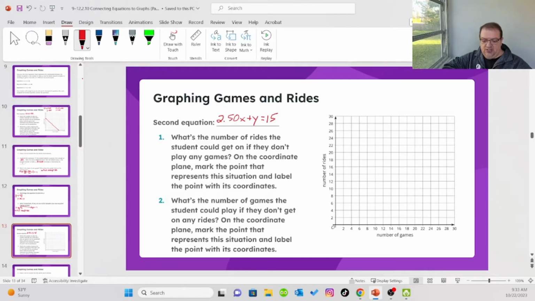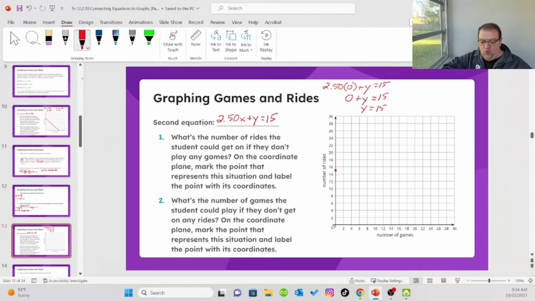So if we remember, games is x. So if we're not playing any games, we have 2.50 times 0 plus y equals 15. Anything times 0 is 0. And now I just end up with y equals 15. So when there's no games, I can go up to 15 on the y-axis and put my point right here.